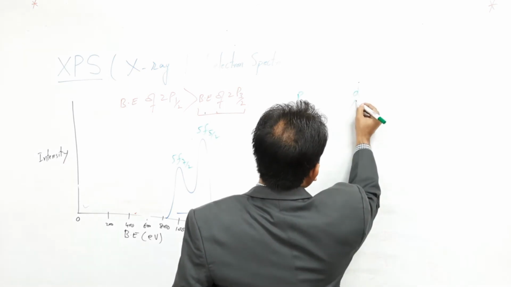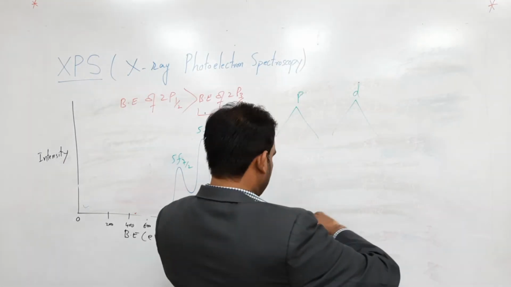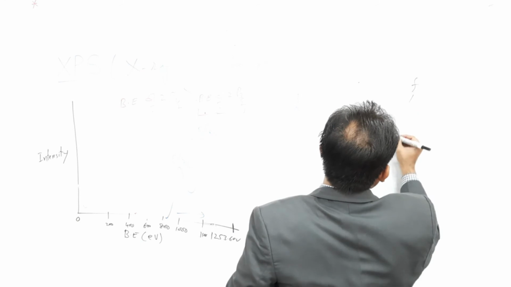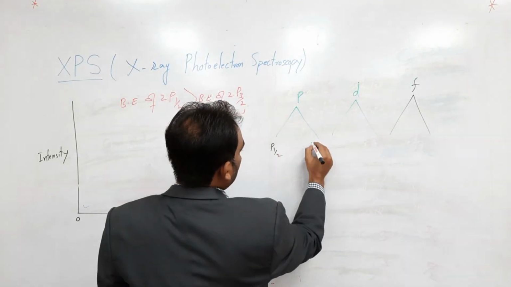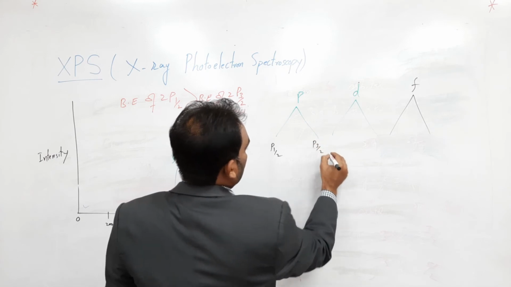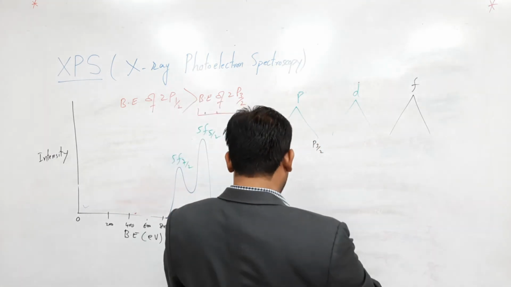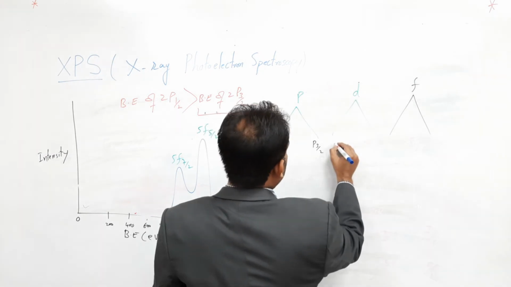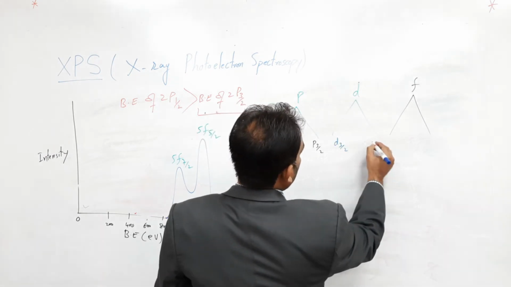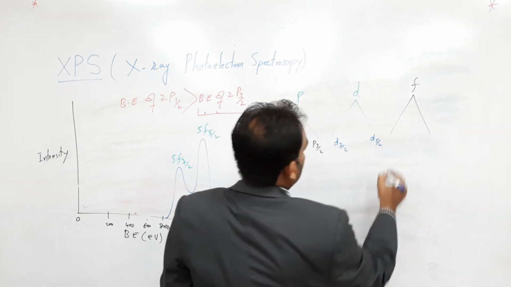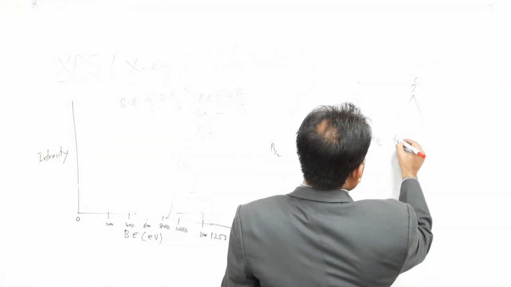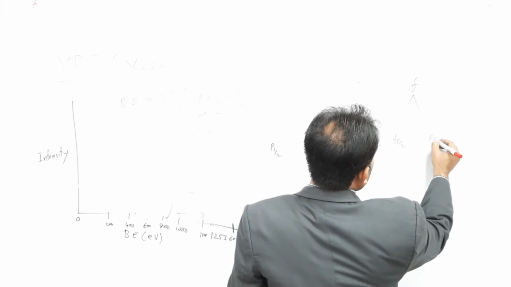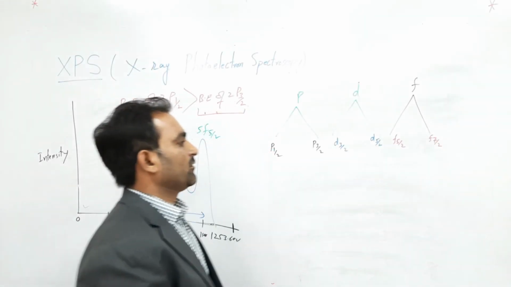Similarly, d and f. You have p 1 by 2, p 3 by 2. In that case, you have d 3 by 2, d 5 by 2. And here you have f 5 by 2 and f 7 by 2.